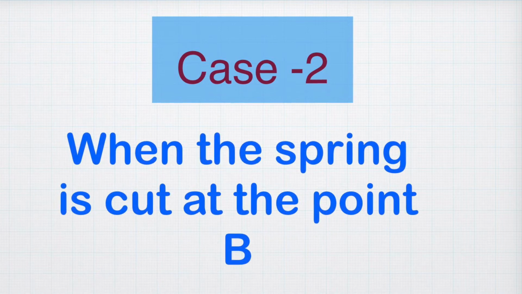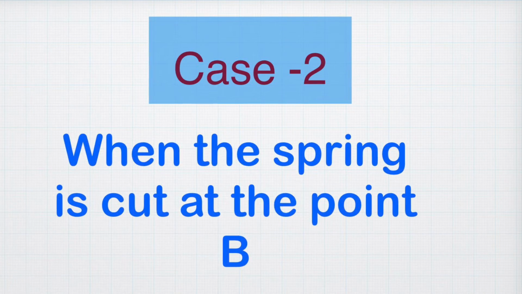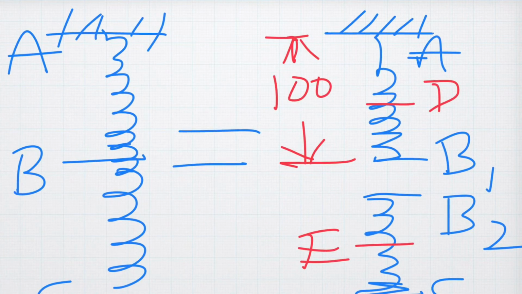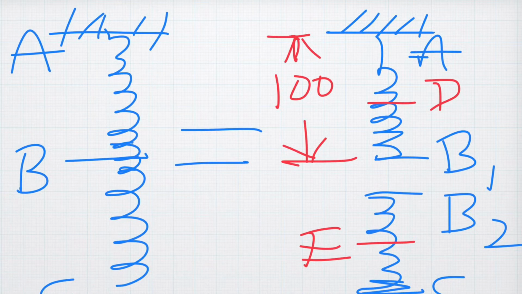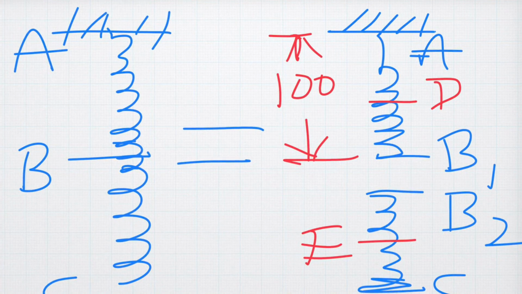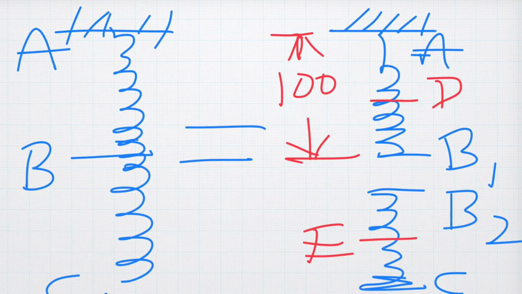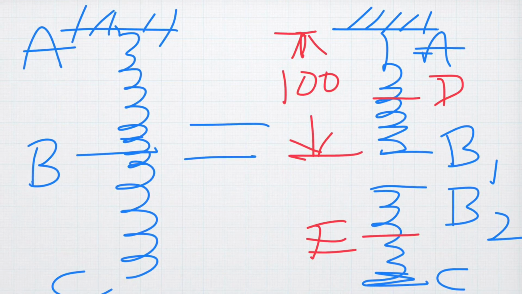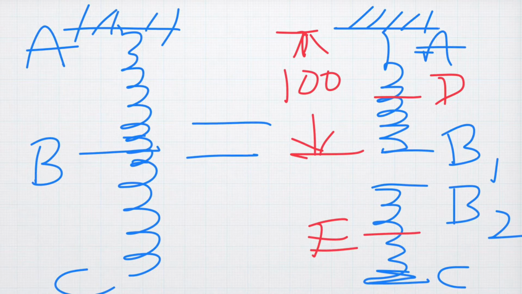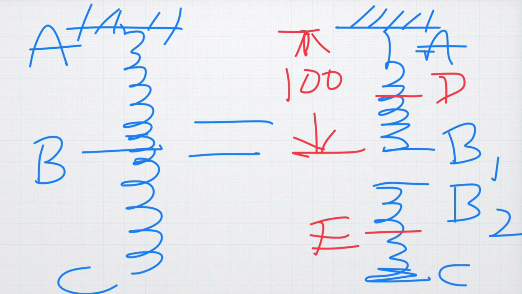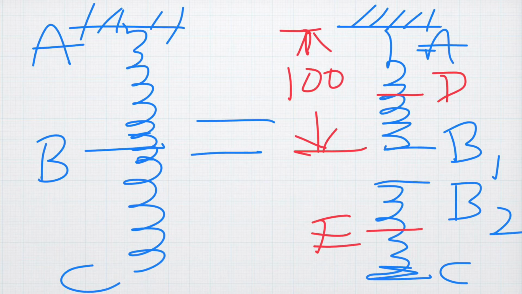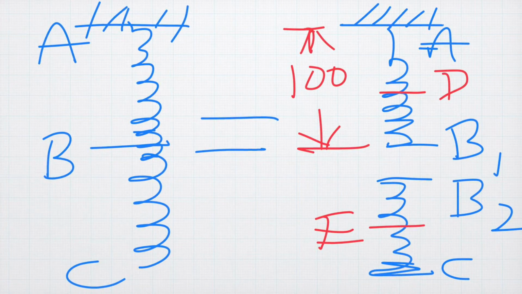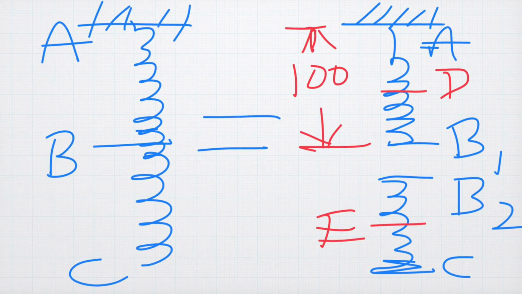So case 2, we are now cutting the spring at the midpoint, that is mid length, 100 centimeters. The point B will become now B1 and B2. That means the lower half of the spring will fall down as usual, that we have seen already, but the speciality now is at the upper part of the spring.